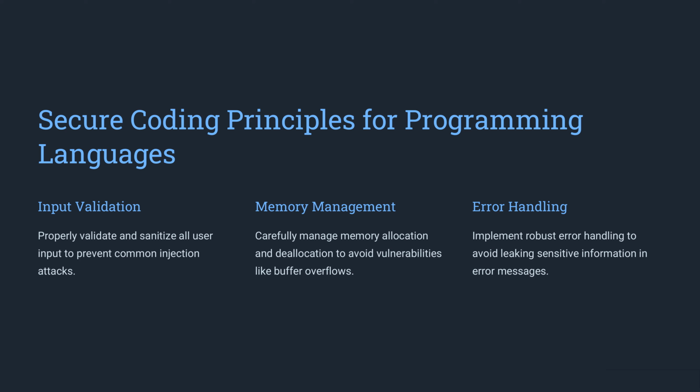Properly managing memory allocation and deallocation is critical to avoiding vulnerabilities such as buffer overflows, which can compromise application security. Lastly, we address error handling. Implementing robust error handling techniques ensures that sensitive information is not leaked through error messages, further securing your application. These principles are key to developing secure software applications.